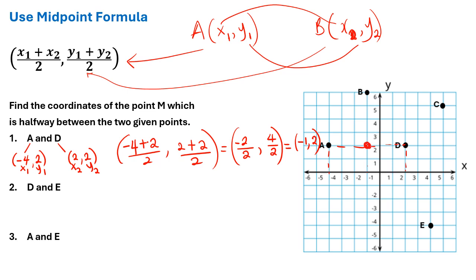You can see AD is from here to here, and if you trace this line, you would see that it works. So the midpoint of AD has the coordinates -1, comma 2. All right, let's go ahead and do the next one.